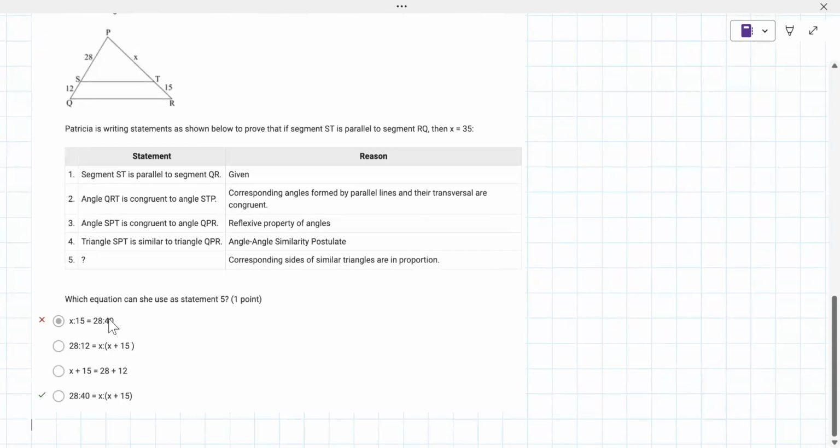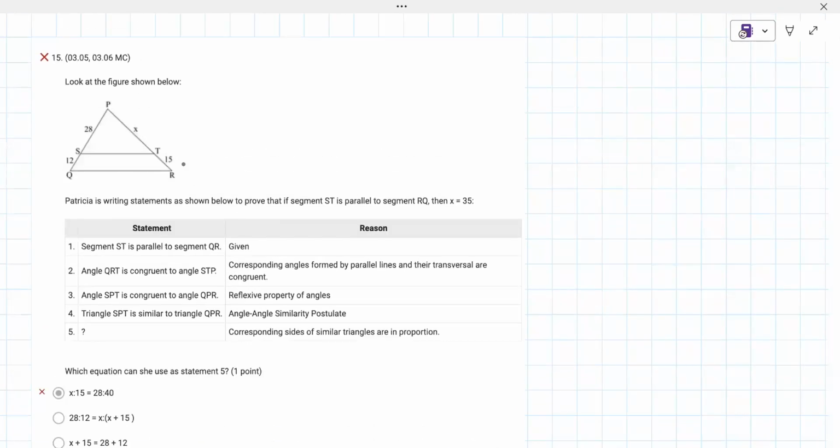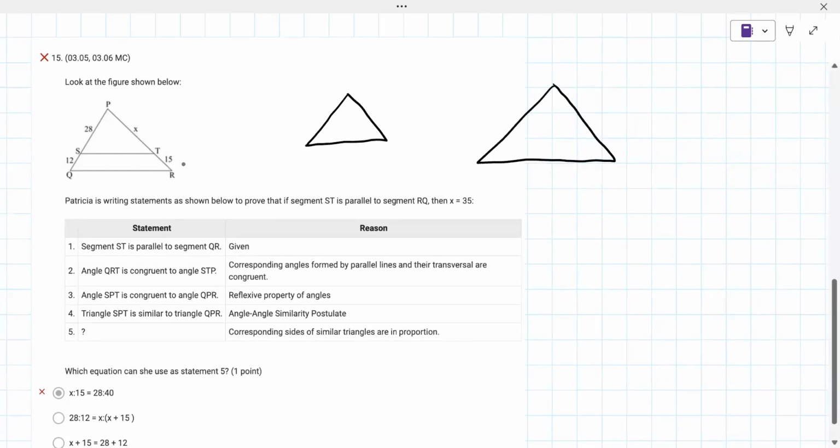Interesting. So all of these give numerical examples here. All right, so I'll just point out, we've done this a few times. You really want to separate the two triangles and draw them separately. So you have 28x for PST. But then you have PQR.